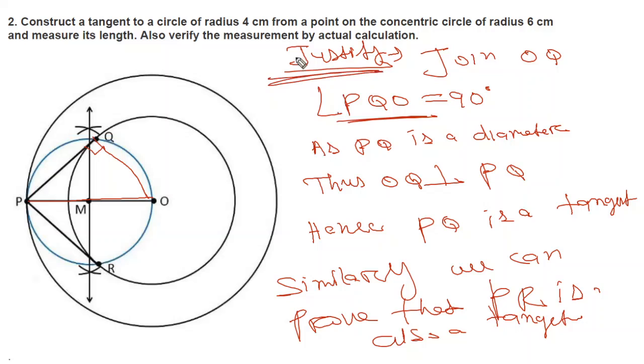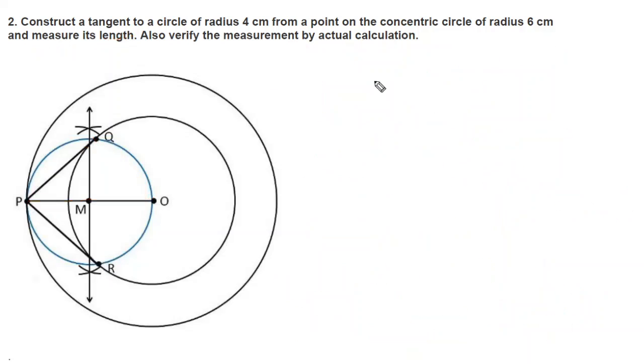So now we have to find the length of PQ and PR. Here we draw the same OQ, join OQ. As angle PQO is 90 degrees, you can see in this triangle, PO is the hypotenuse, and OQ and PQ are the other two sides.